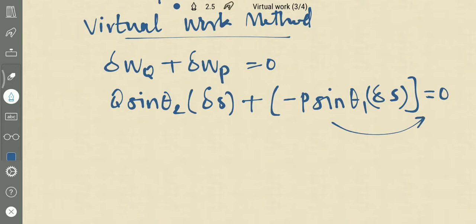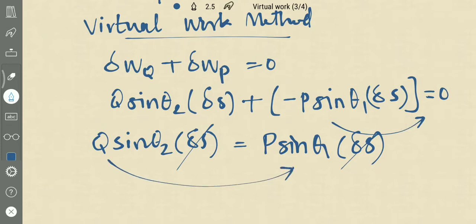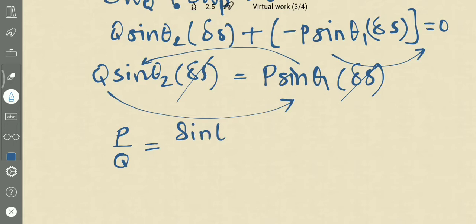If you send this to here, Q sine theta 2 into delta S is equal to P sine theta 1 into delta S. This delta S gets cancelled, and the remaining is, if I send P to here, P by Q is equal to sine theta 2 divided by sine theta 1.